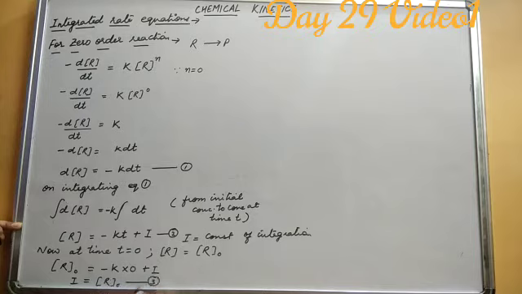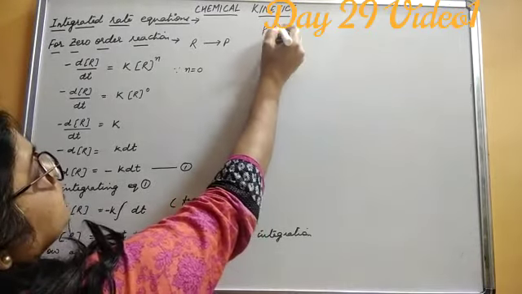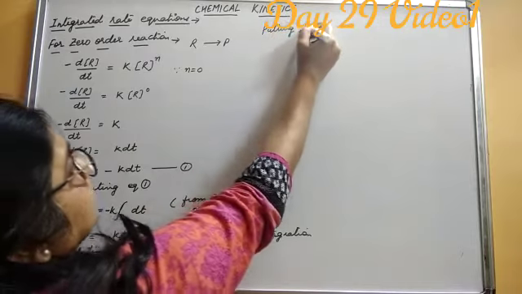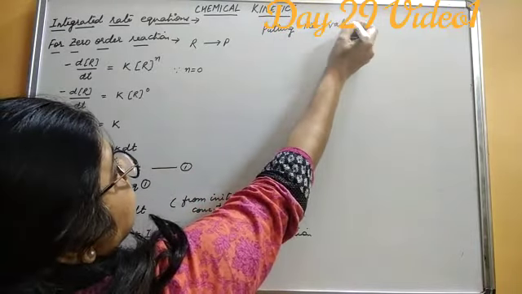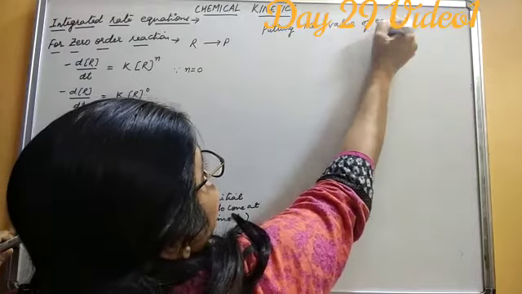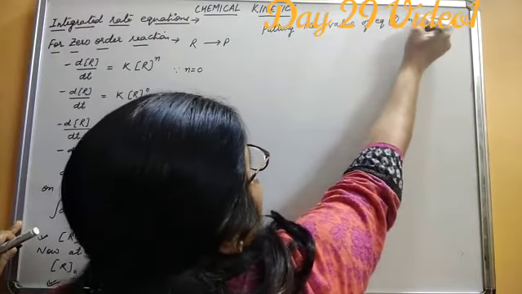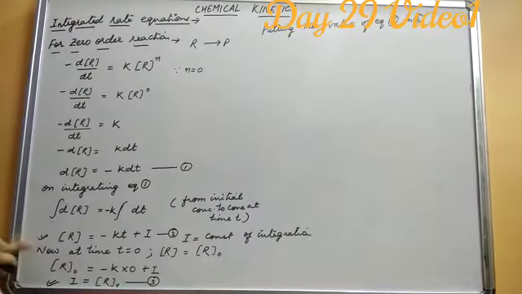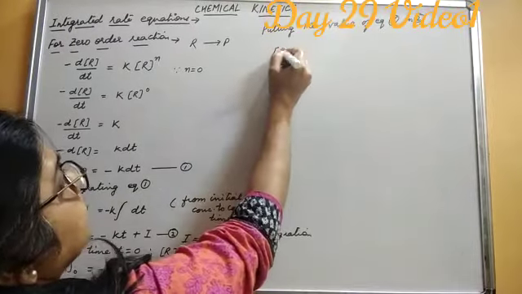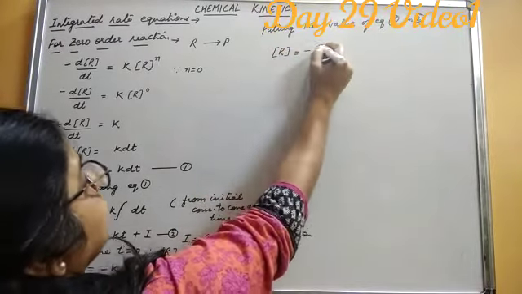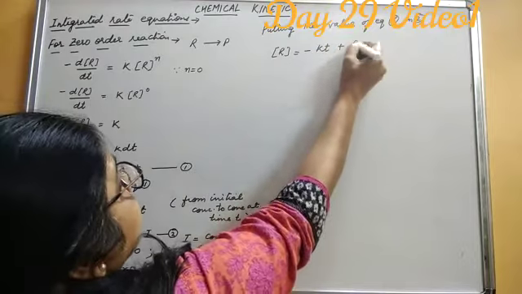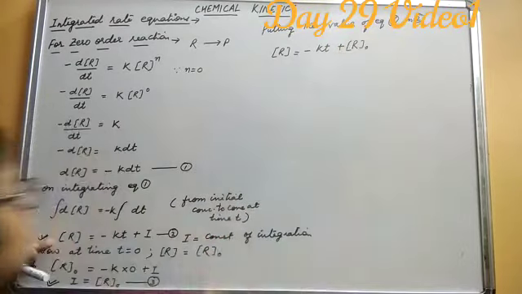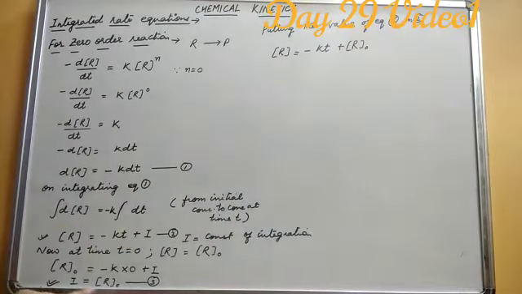Let this be equation 3. Now putting the value of equation 3 in equation 2, R equal to minus kt plus R0, as the constant I equals R0.